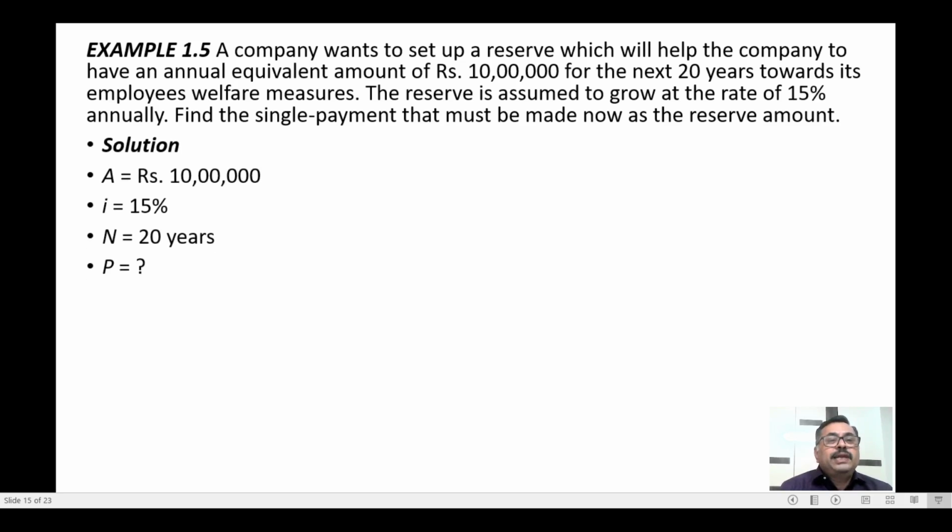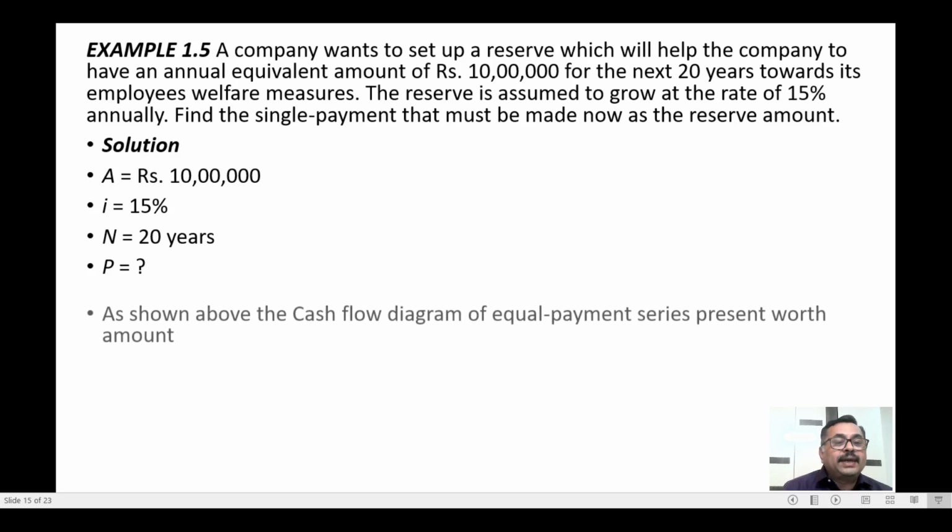The data that has been given here: A is equal to 10 lakh rupees, I is 15%, N is 20 years. What is the P? That is the present amount that I have to keep in the bank.